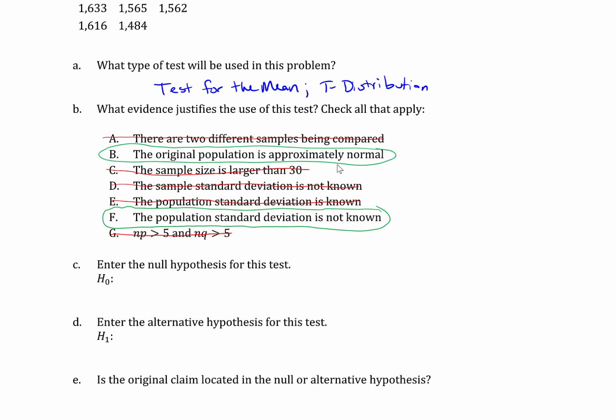Because there is a statement of equality, mu equals 1,613, that falls under the null hypothesis. If there were no statement of equality, if it was not equals, less than, or greater than, it would be an alternative. So I'll mark that as my claim and fill in the alternative with the complement.